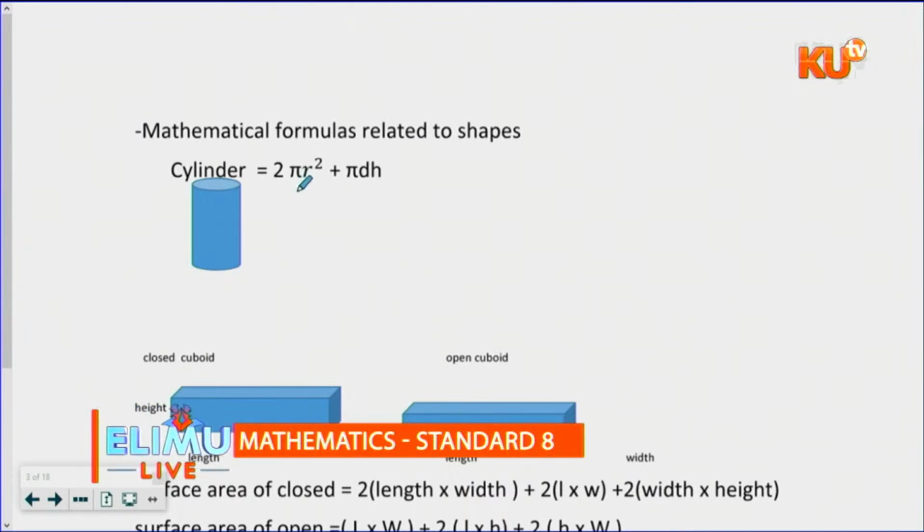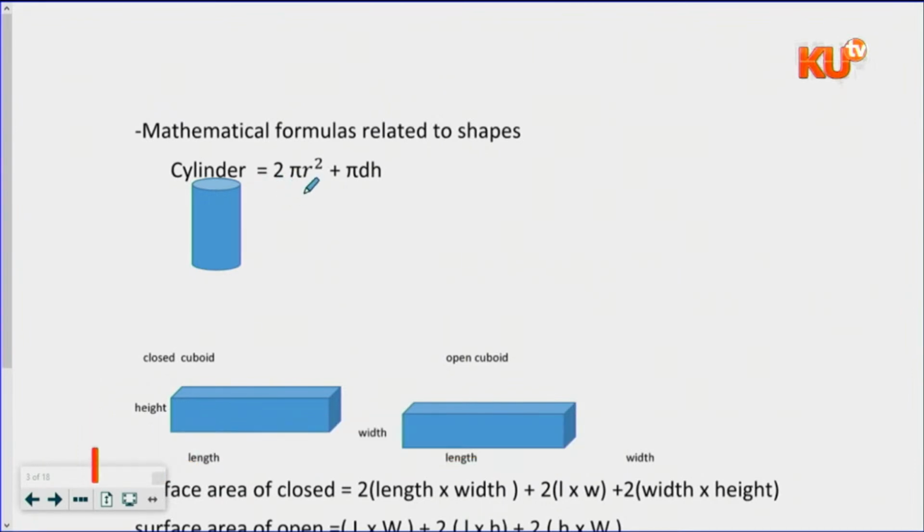But now there are two, so we simply add 2 and say 2 pi r squared. Then we come to the third part, which is the curved part.